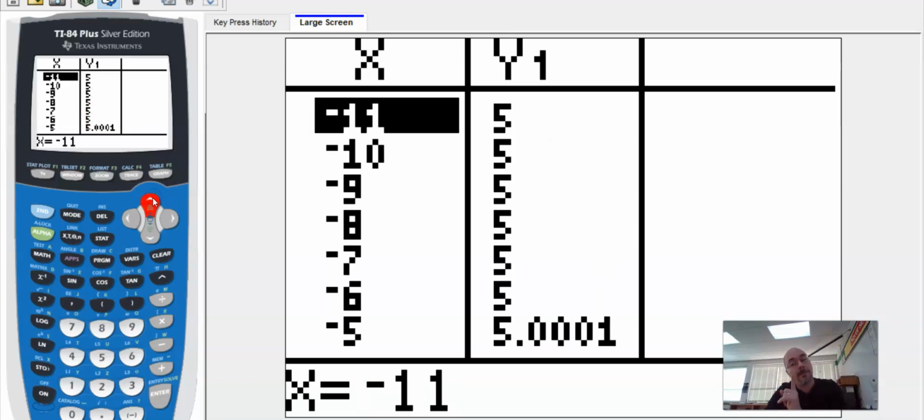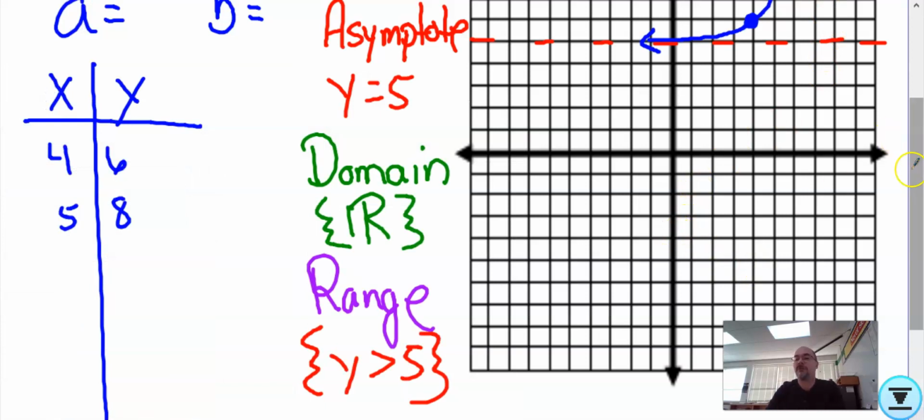Okay, that doesn't mean it is 5. It's approaching 5. It never technically gets there because the calculator is rounding it. Okay, it's like 5.00000000000000001. The calculator is going to go, I'm just going to make that a 5. So that doesn't mean it is exactly 5. It's very, very close to 5.